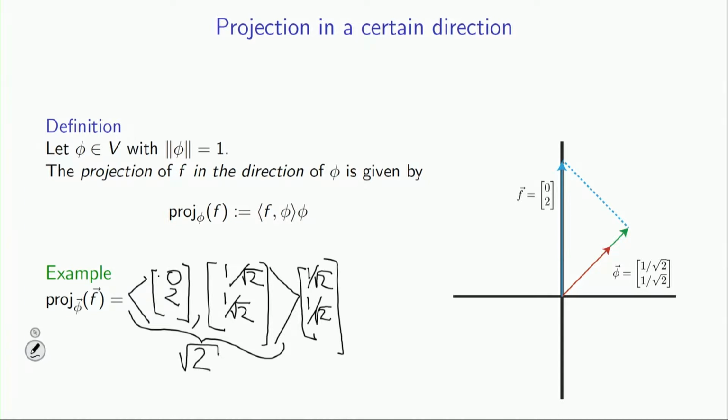Now, this then multiplies the normal vector that we started with. So out comes just the vector 1, 1. And on this picture, it is the green arrow that points at a 45-degree angle, and it is longer than the original.